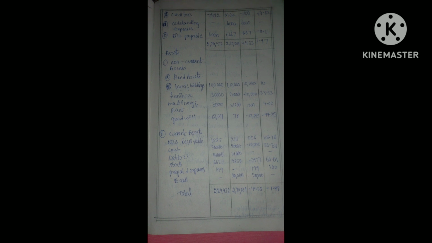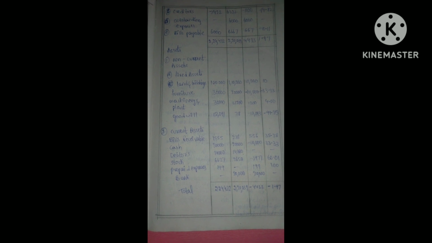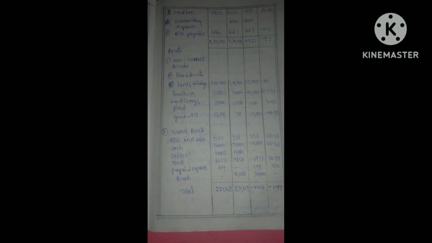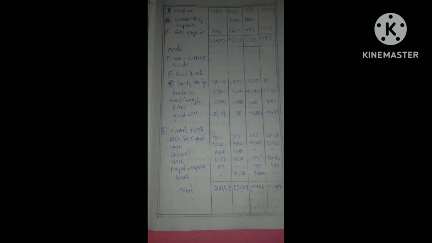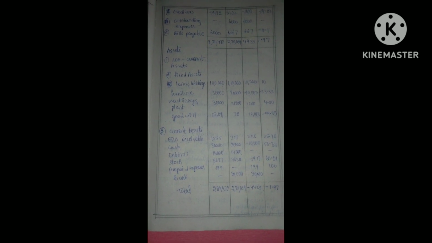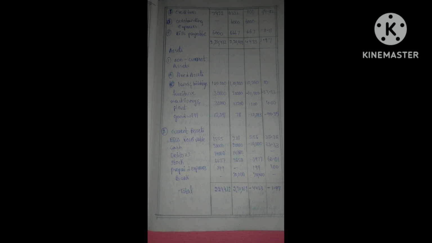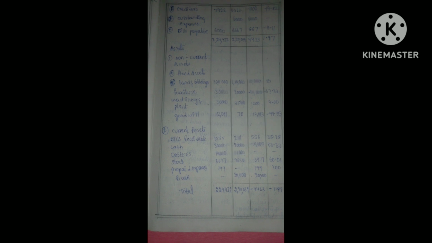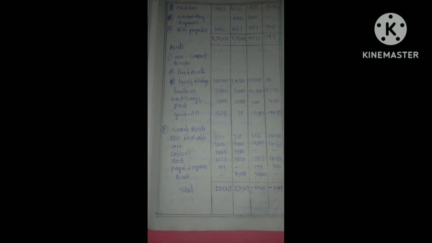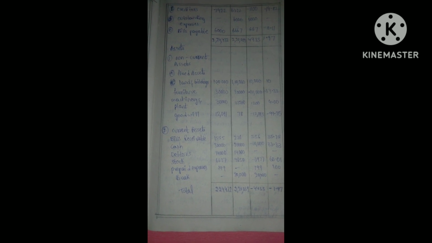And for stock we will get minus 3,977 and percentage change is minus 60.01, and prepaid expenses we will get 199 and percentage change is 100, and for bank we will get 20,000 absolute change and no percentage change, so keep it as nil.